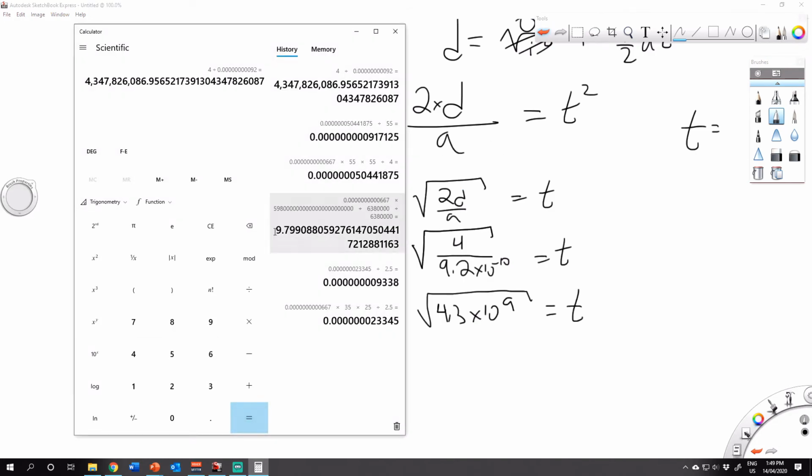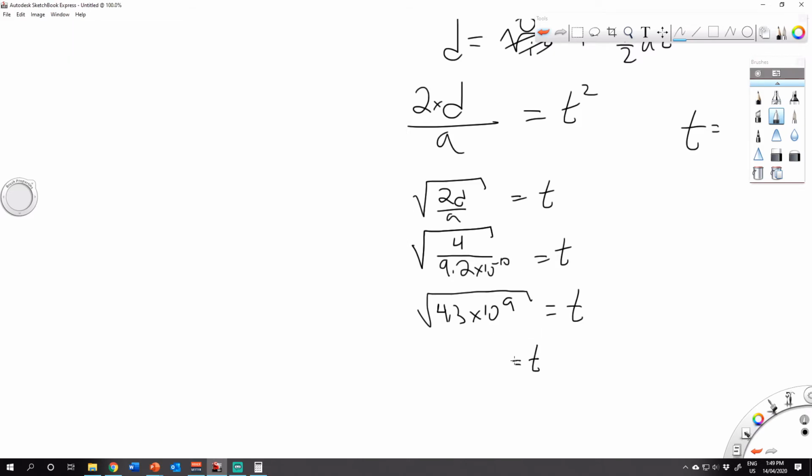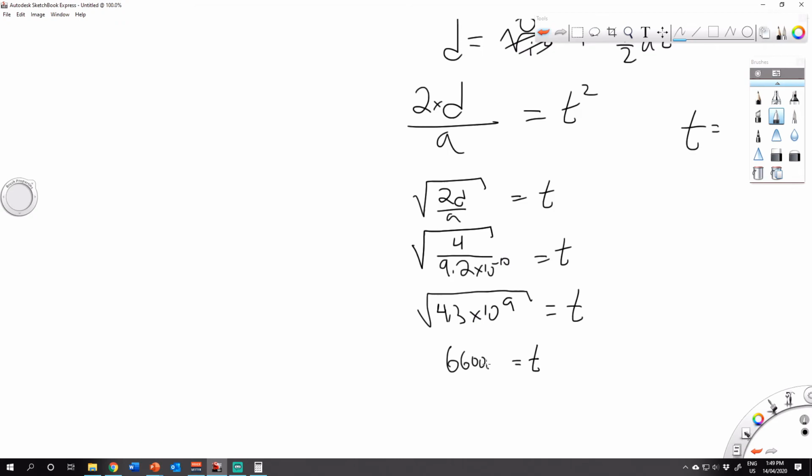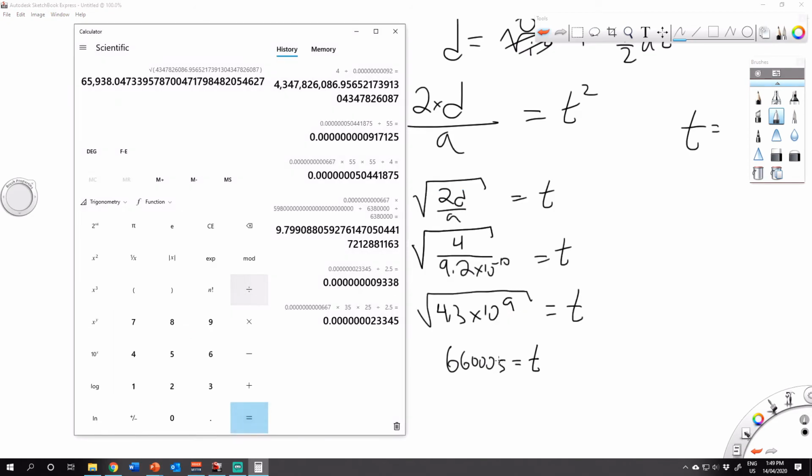And then if I square root that, I get an answer of approximately 66,000 seconds, give or take. That's 6.6 times 10 to the 4.